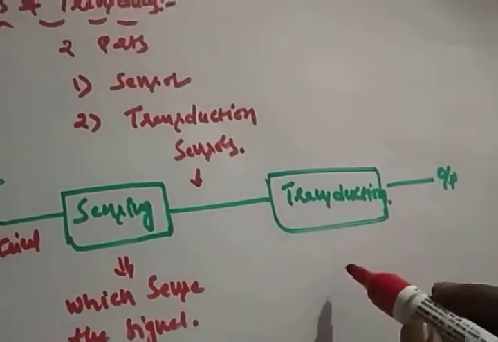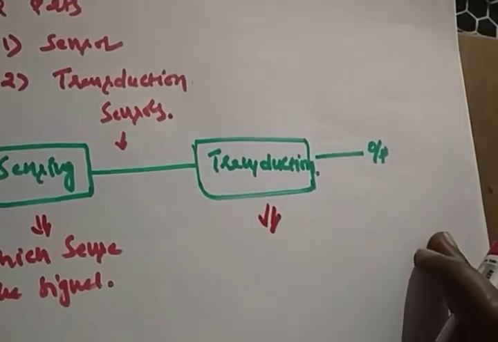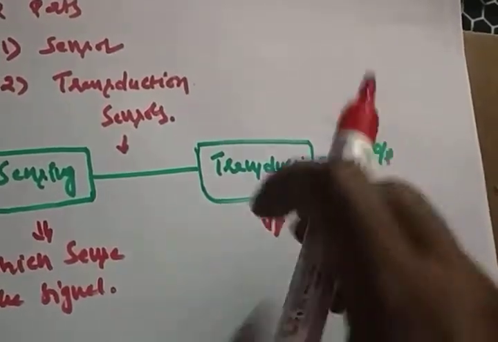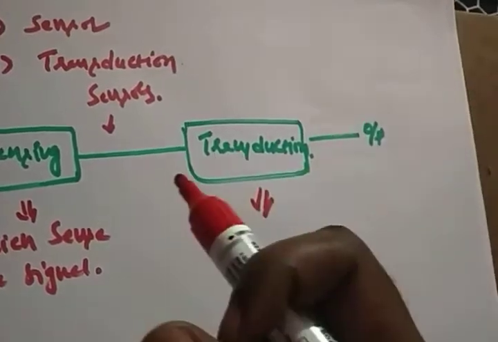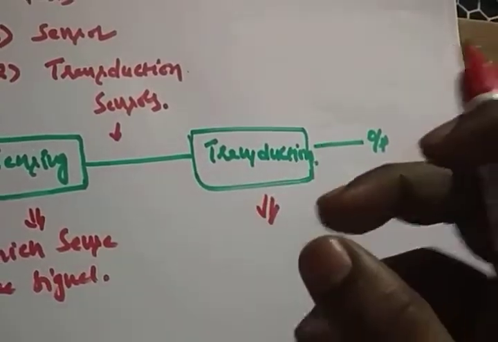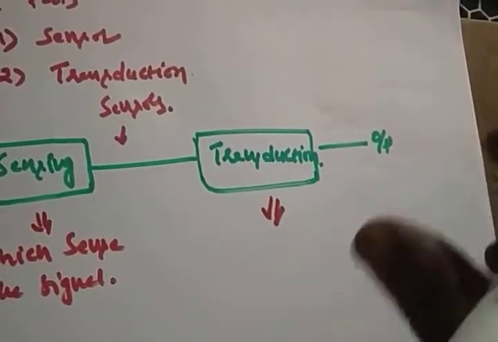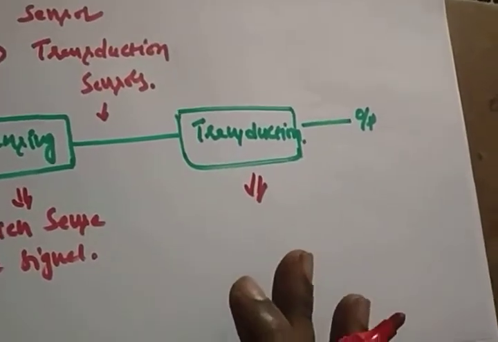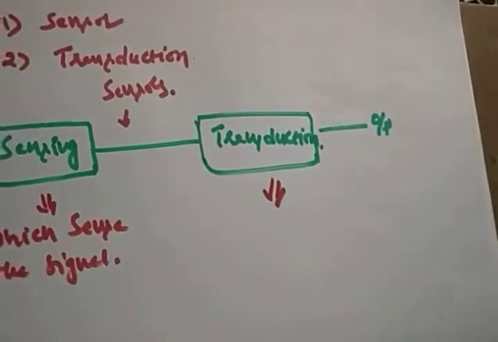The transduction element, which is a very important part of the transducer, converts that non-electrical quantity into another form of energy. It's not a requirement that it be electrical, but basically the electronic instruments we are using now work with electrical signals like voltage and current. So that's why we are converting our non-electrical quantity into electrical quantity.